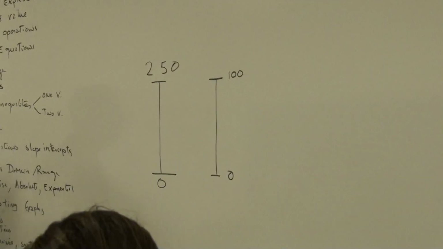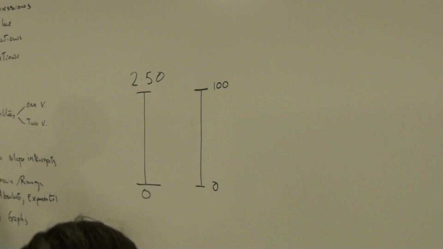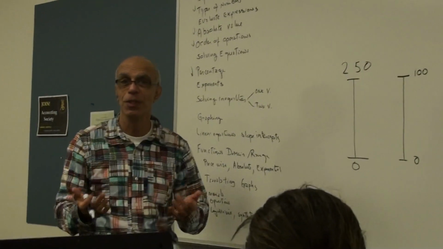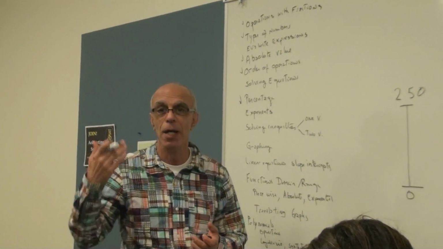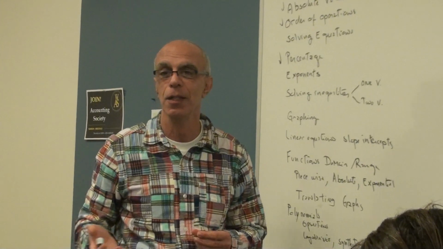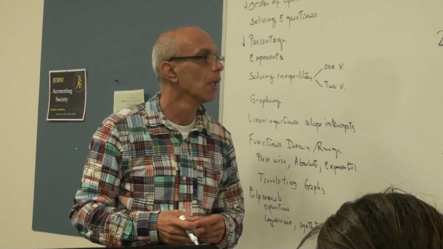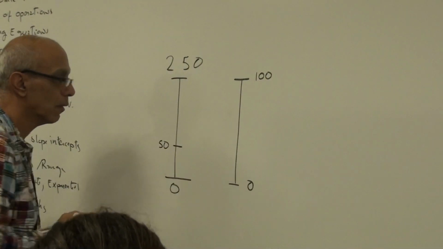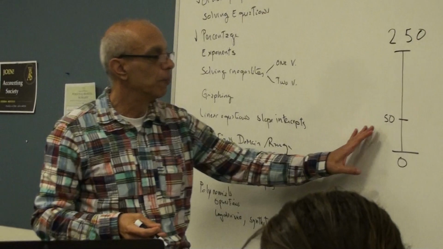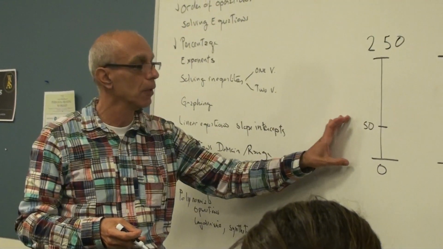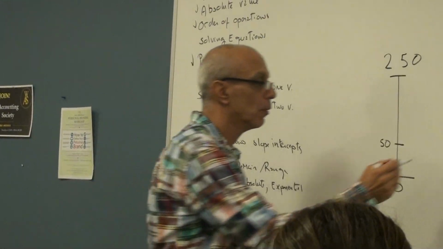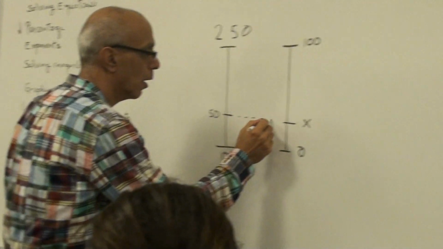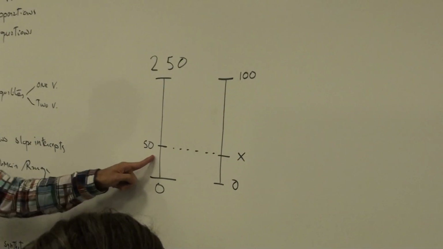It's a new scale. Remember, we have inches, we have yards, we have feet. Those are different scales, right? We can measure my height in inches, and I can measure my height in feet, okay? So if I spend $50, I want to know what percentage of the total I have already spent. There should be a number that is equivalent to 50 in a proportion.